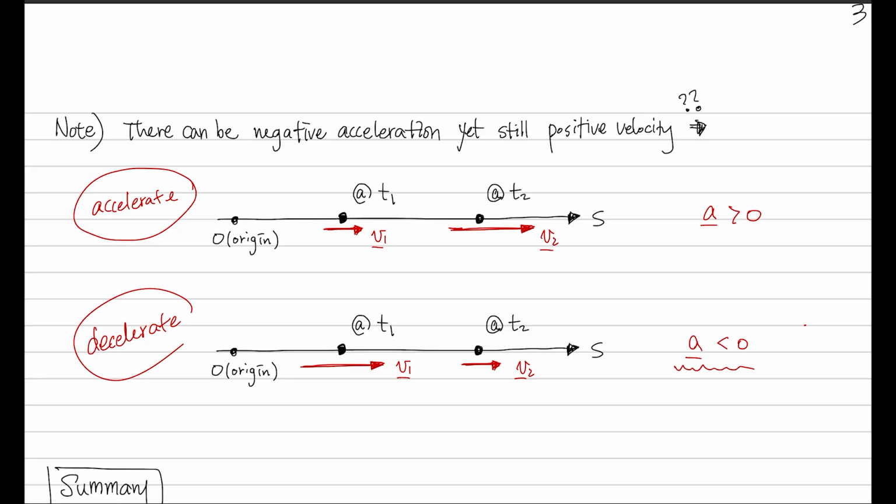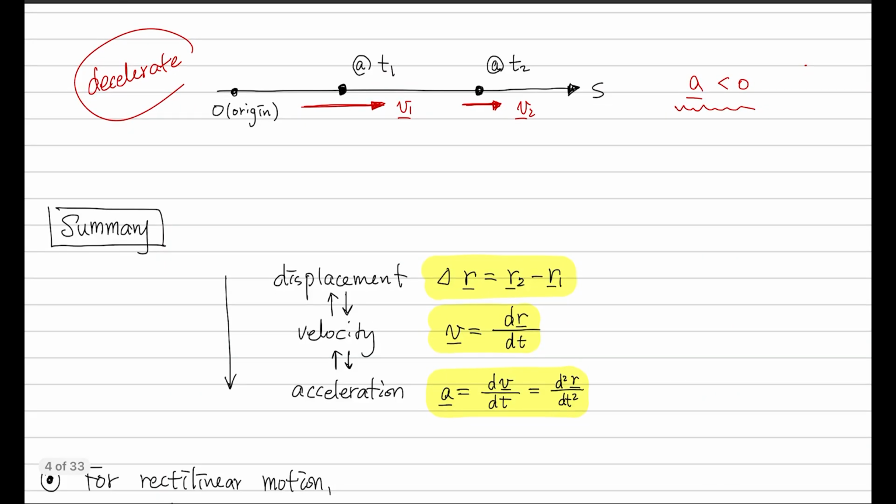All right. Very good. So to summarize this, we have displacement, velocity, acceleration. Displacement is the difference between those two positions. Velocity, dr dt. Acceleration is dv dt. So from displacement to acceleration, you are differentiating.